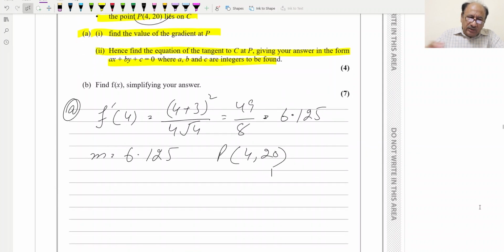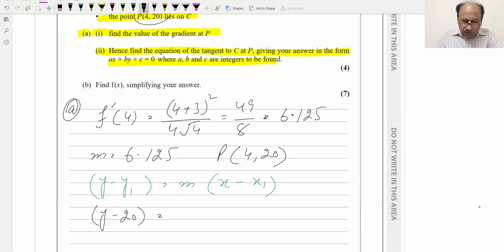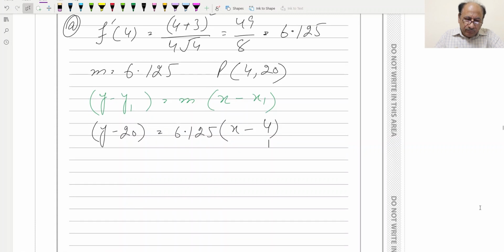The equation of a line in point slope form is y minus y1 equals m into x minus x1, and we will replace the values. So y minus 20 is equal to 6.125 into x minus 4.